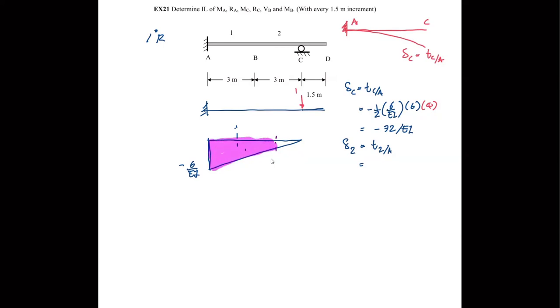So the easiest way to take a moment of this with respect to point C, just to break this into one rectangle and one triangle, okay?